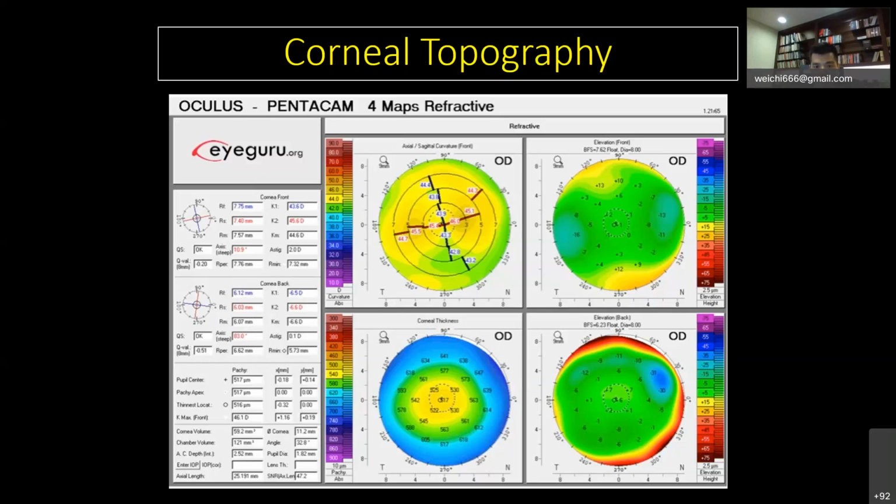Normally we use different colors to represent the corneal curvature. If the patient is outside the normal range of curvature, they would be presented with either a hot color like this red, or with very cold colors.